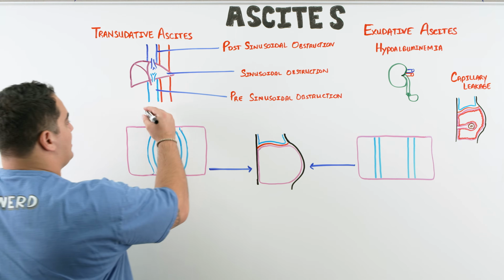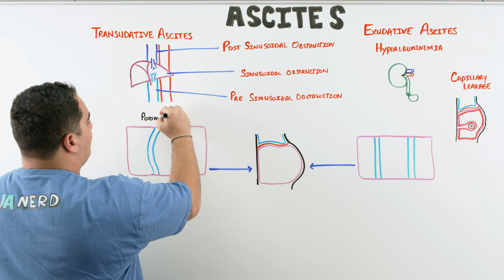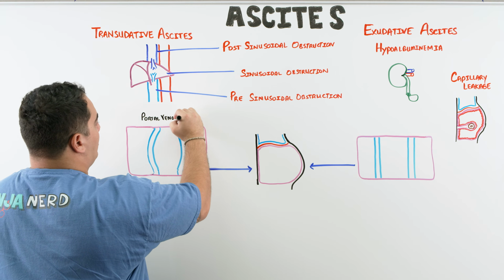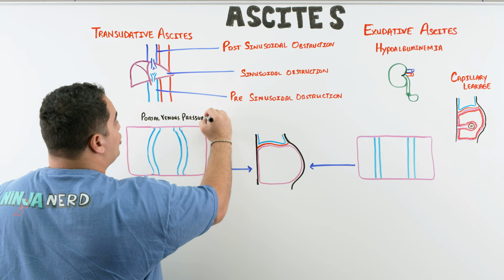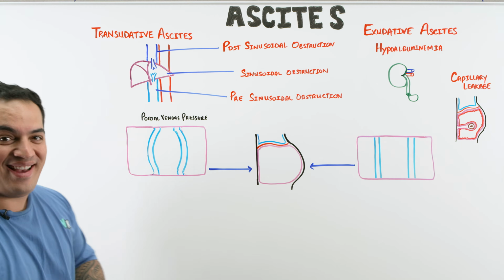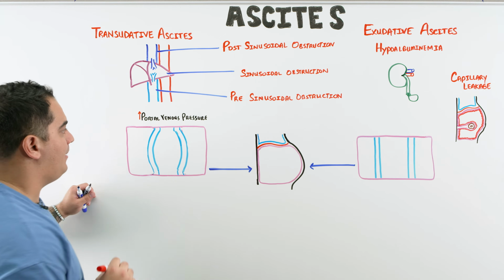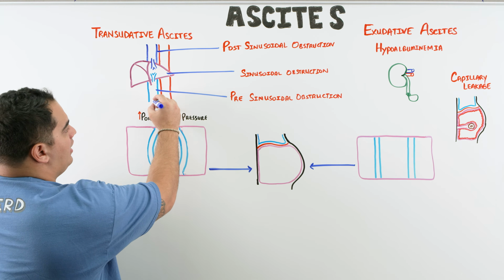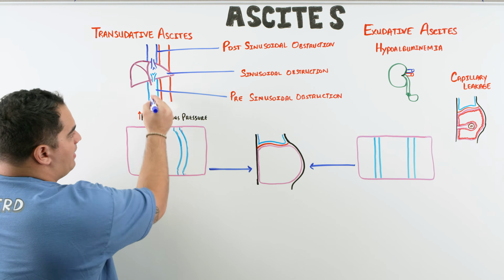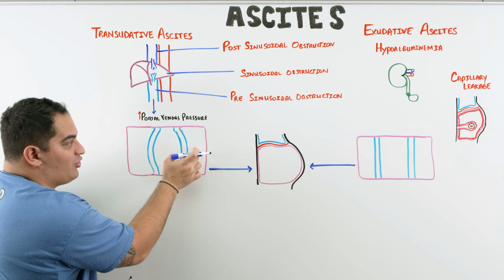So this patient has elevated portal venous pressure, and has an ascites related to a transudative pathophysiology. If the portal venous pressure is high, imagine here's your portal vein. This is going to be transmitted backwards into the portal veins that are around the peritoneum.